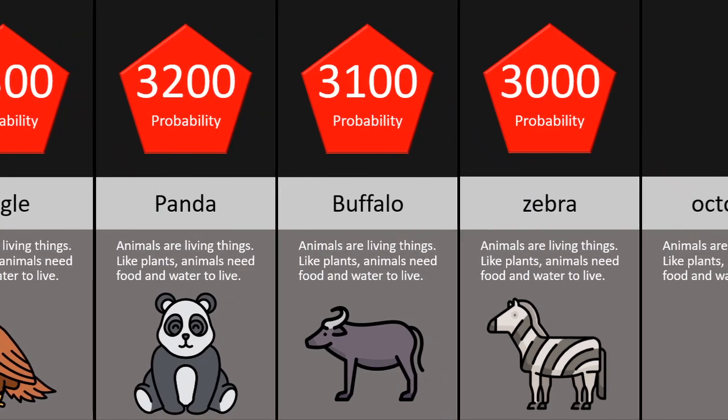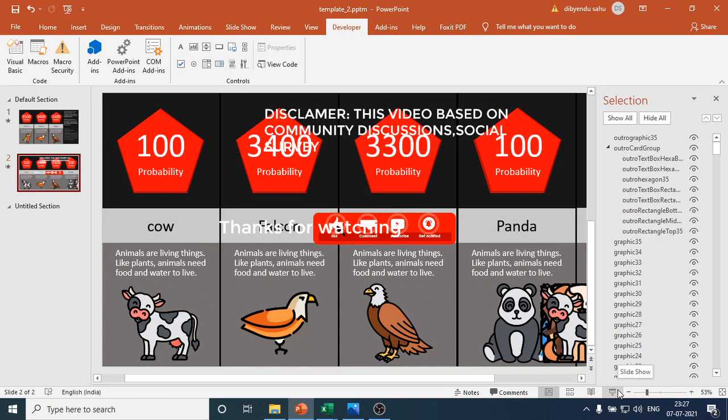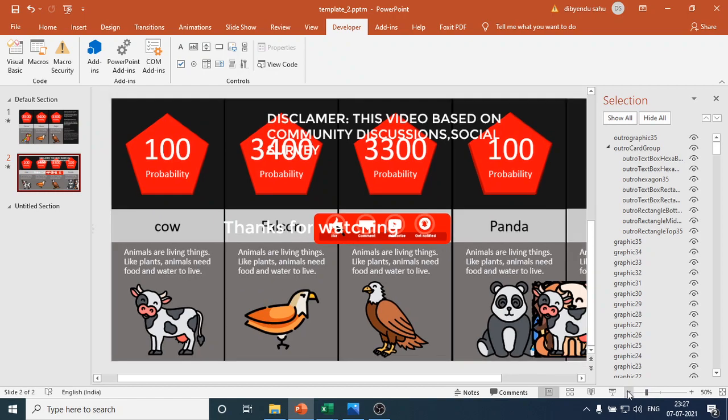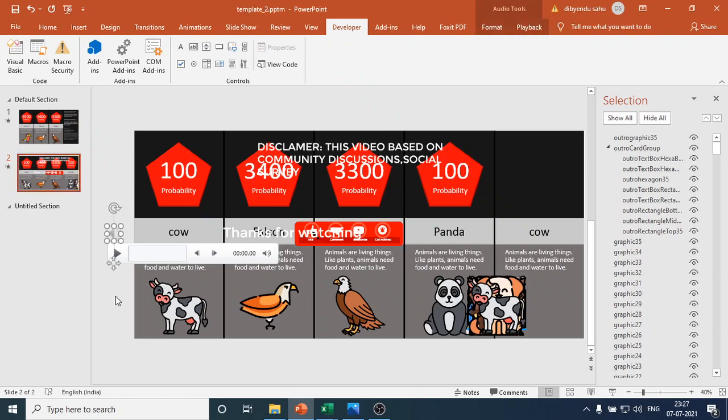Now I will show one more thing: how you can add the audio file. The audio file is inserted only in the second slide. This is the audio file I already inserted.